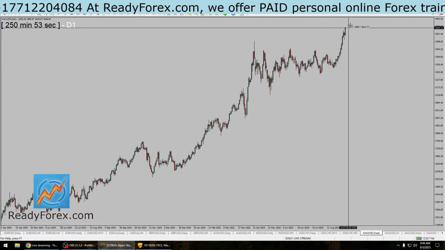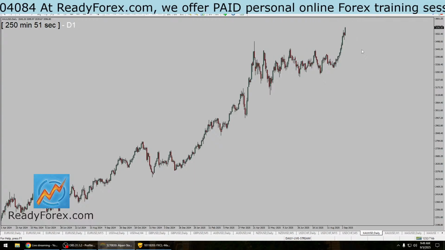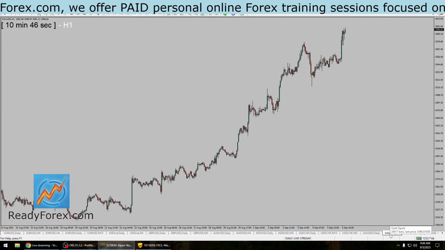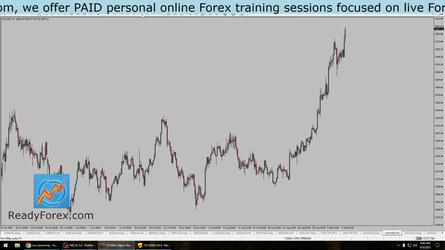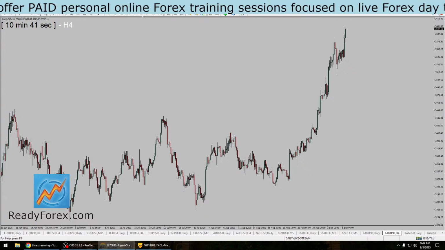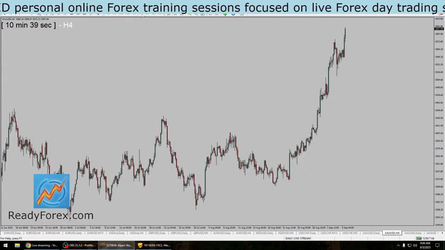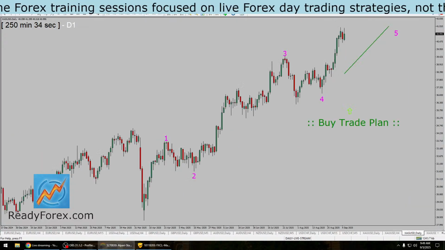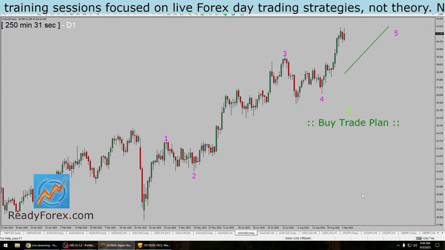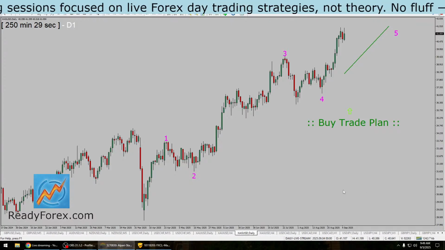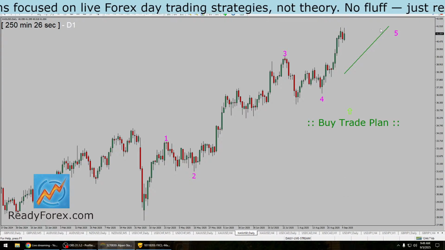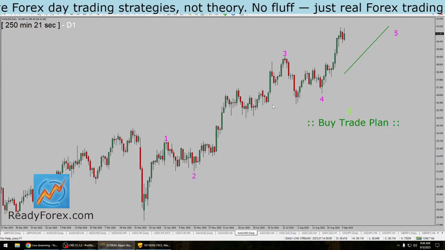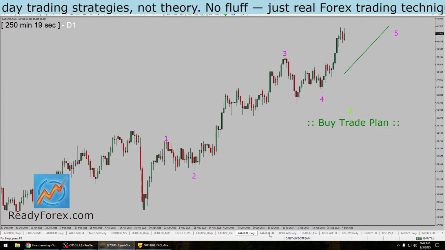So spot gold, I'm looking for a top in the coming trading days. Next one is the XAGUSD pair, spot silver. Silver is moving up, same as spot gold, so I expect more upside in the XAGUSD pair.